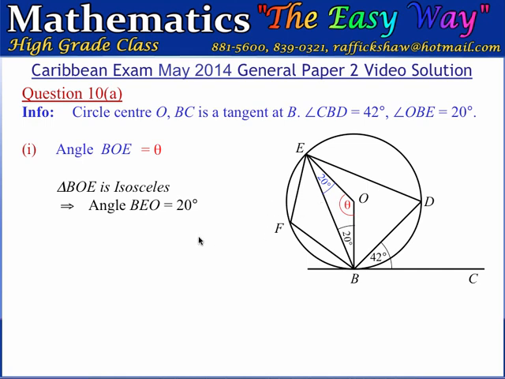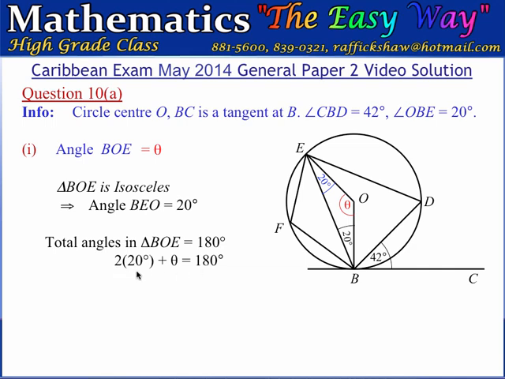And so we can show that 20-degree angle on the diagram. We can now consider the fact that the total angles in this triangle is 180 degrees, and that's the basis on which we can find the angle theta. Total angles in triangle BOE is 180 degrees. Therefore, 2 times 20 degrees plus theta is equal to 180 degrees.